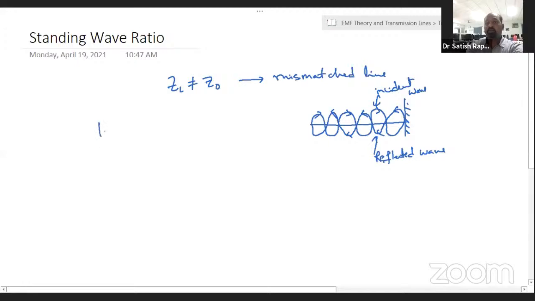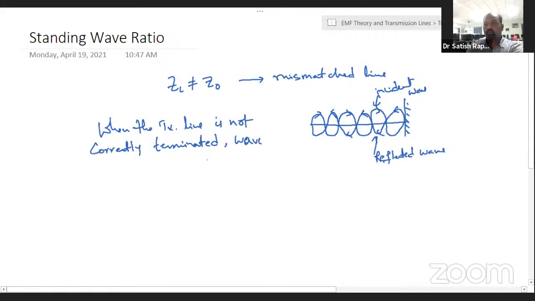Therefore, when the transmission line is not correctly terminated, wave reflections take place.